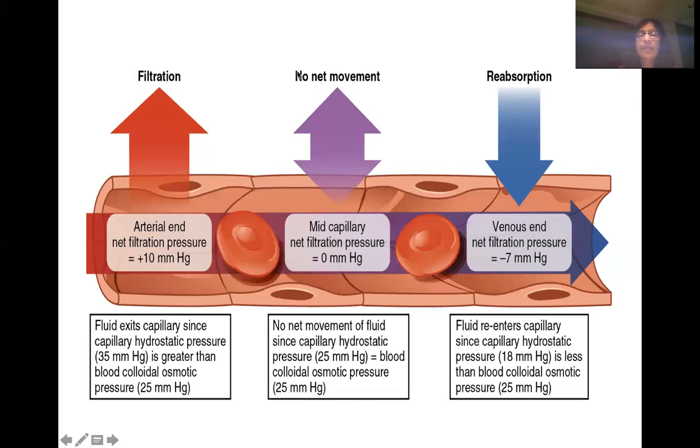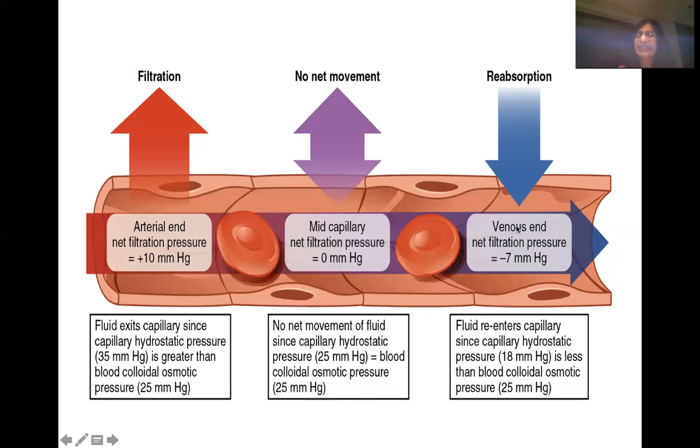Okay? So here, nutrients and gases that are in the plasma are taken out of the capillary. And then here, the wastes that are generated by the cells are brought back to the capillary in this fashion. The color red shows oxygen leaves, color blue shows that CO2 enters the capillary.